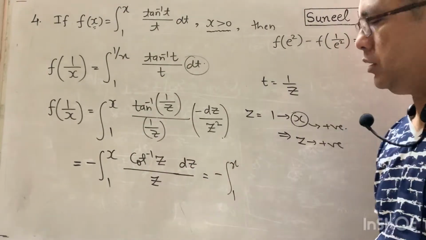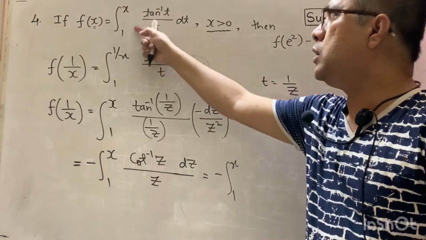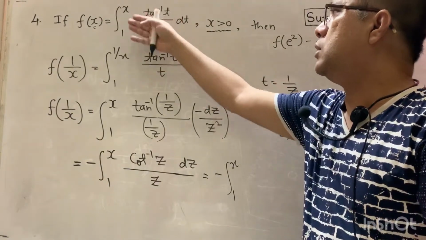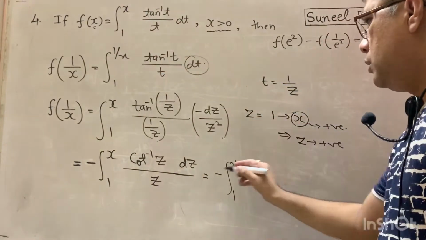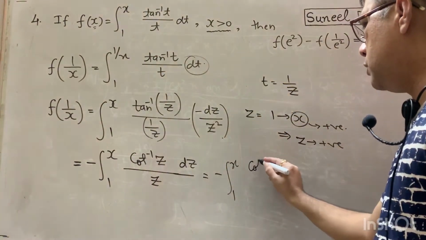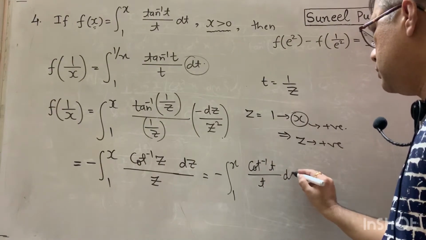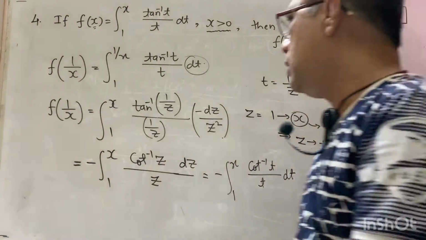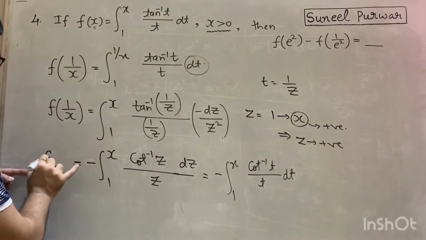Using the first property, f of z dz can be written as what? F of t dt. Because our original integrand was having this, what? F of t dt. So this can be written as cot inverse of t upon t dt. Okay. Now this is f of 1 by x. Continue.